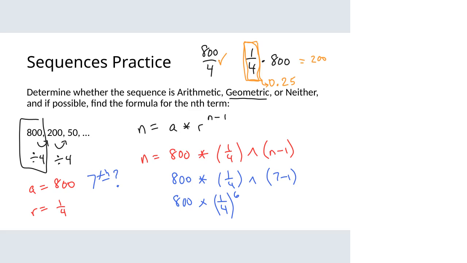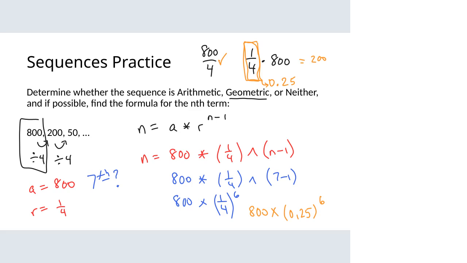And so on my calculator, and I'm going to squeeze this in over here in the corner, I'll have 800 times that 0.25 sitting on my calculator raised to the 6th power. Oh, this is a good one. If we want to raise something to the 6th power, my calculator has a squaring button. You might even have a raise it to the 3rd power button, but you probably don't have a raise it to the 6th power button.